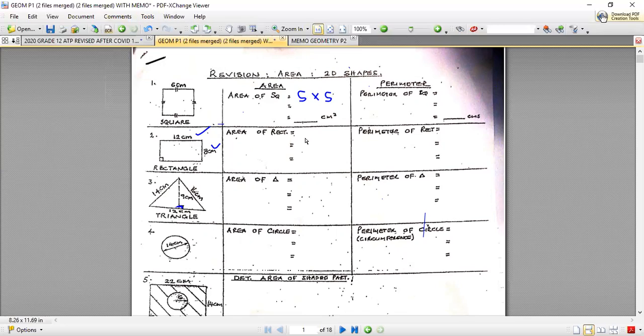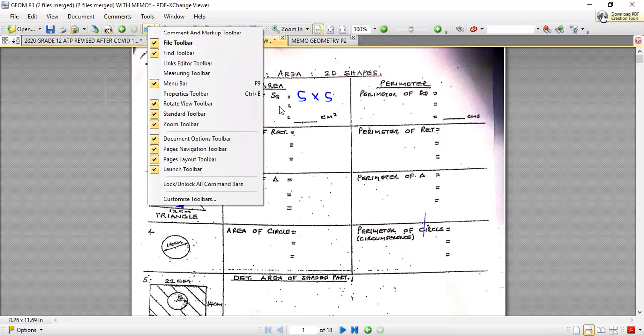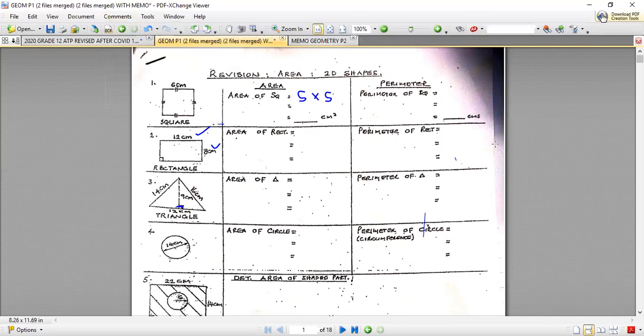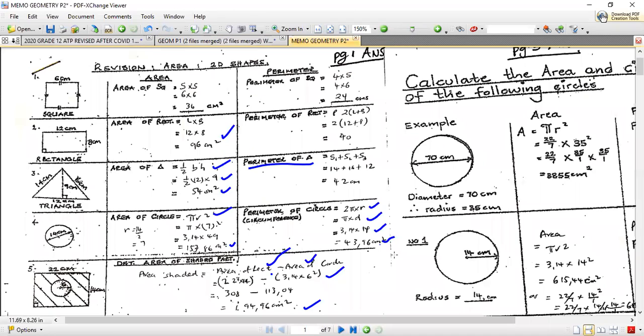If you look at our figure there, our rectangle is measuring 12 times 8, which would be 96 square centimeters. We go to our memo. Now for the perimeter of a rectangle, it's 2 into length plus breadth. Twice the length plus twice the breadth, which is 2 times 12 plus 8, which would be 40.